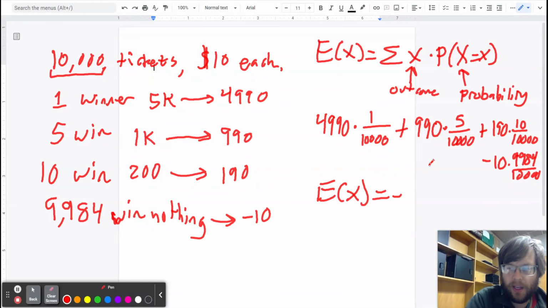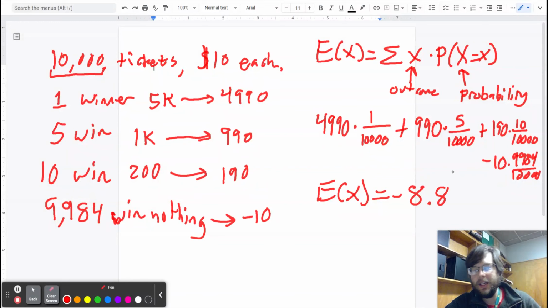And so how can we interpret that number? That means that if you played this game a large number of times, so if you bought a lot of lottery tickets, you would expect to lose $8.8 per ticket that you bought. Again, it's a little counterintuitive because you'll never lose exactly $8.8.